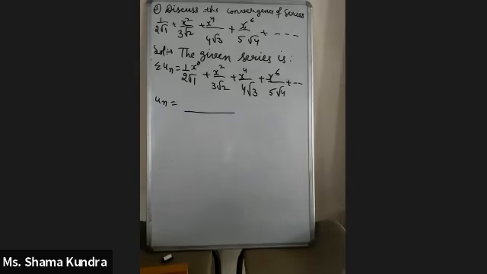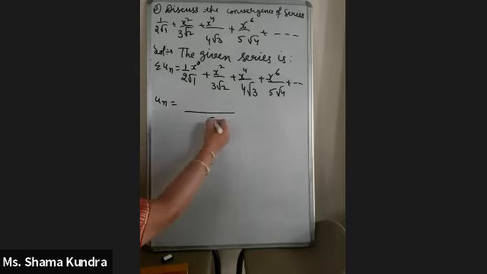See, for the denominator, we have square root of 1, square root of 2 for the second term, square root of 3 for the third term. For Un, square root of n.